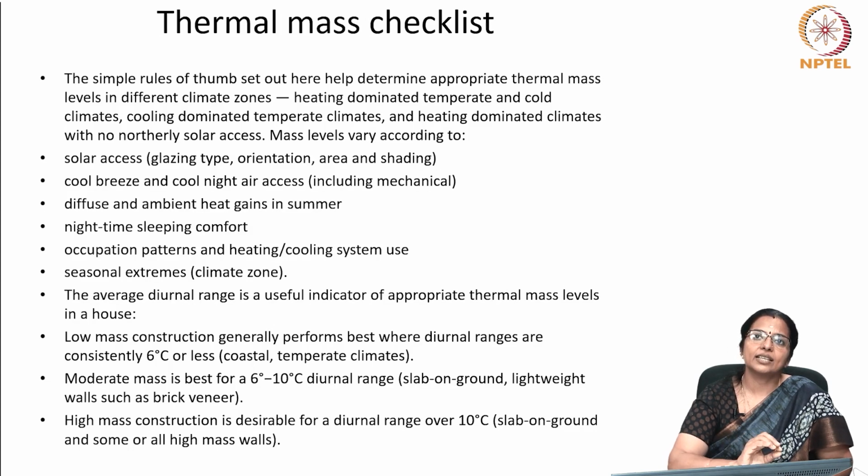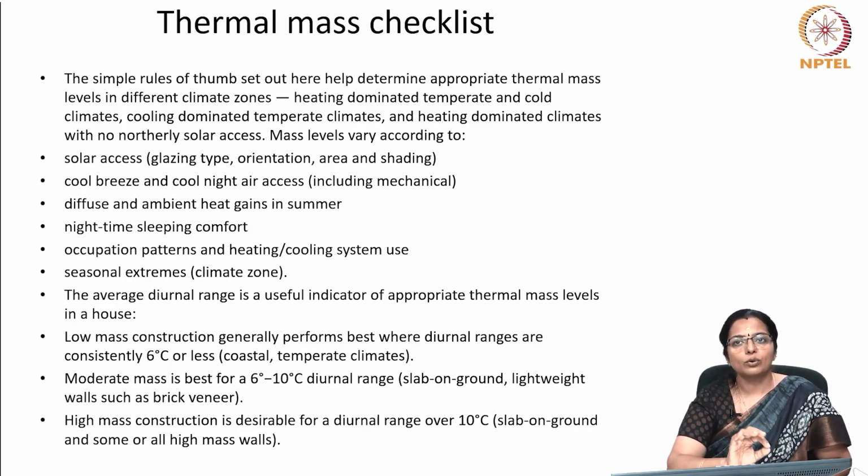Let us look at the thermal mass checklist. The simple rules of thumb set out here determine appropriate thermal mass levels in different climate zones. Heating dominated temperate and cold climates, cooling dominated temperate climates, and heating dominated climates with no northerly solar axis.